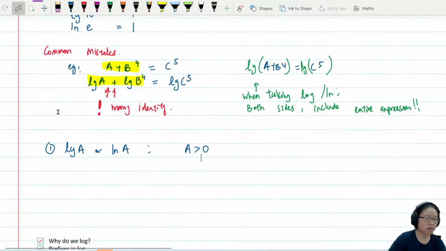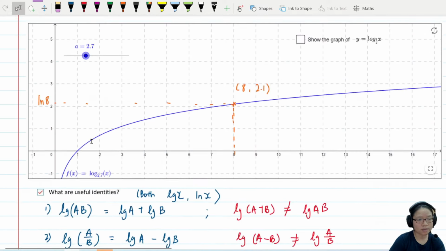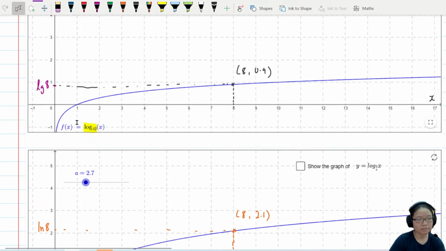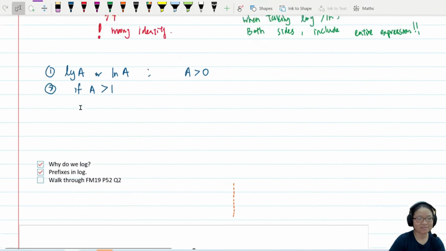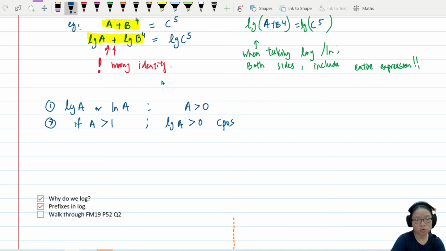Number 2, if A is greater than 1, now 1 here, 1 here. So if A or x is greater than 1, your log A is greater than 0, positive.